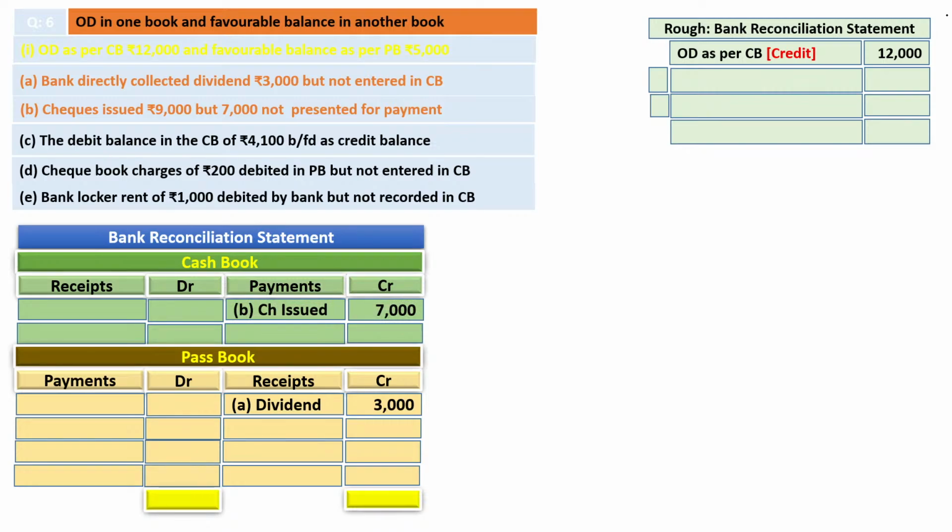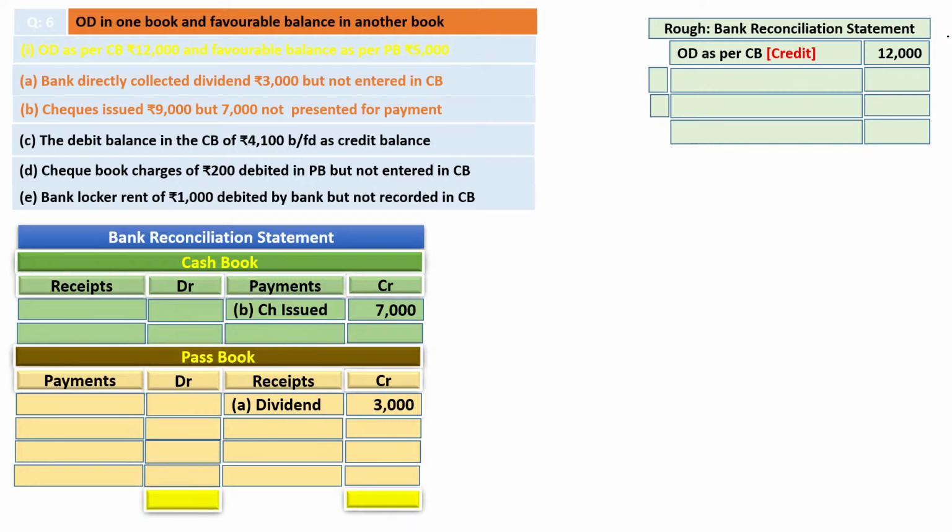Debit balance in the cash book of 4,100 brought forward as a credit balance. This is an error. In the cash book, debit side 4,100 brought forward as a credit balance. What happens? Debit side they have undervalued by 4,100 rupees. They missed it and wrongly posted on the credit side. So in the credit side they have shown 4,100 excess.